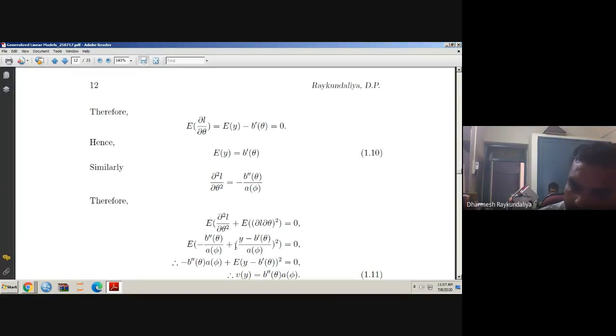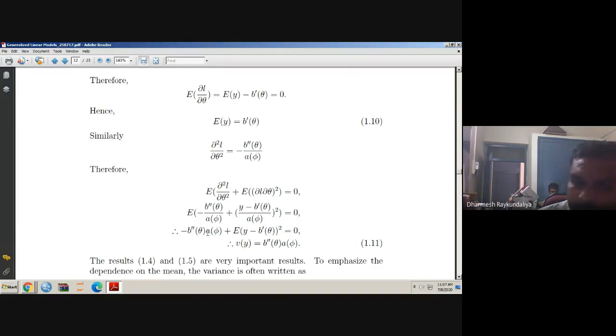The expectation sign is here, and this part is a constant. What will you get? It is minus b double dash theta upon a phi, plus the expected value of y minus b dash theta whole square, with denominator a square phi, equal to 0.